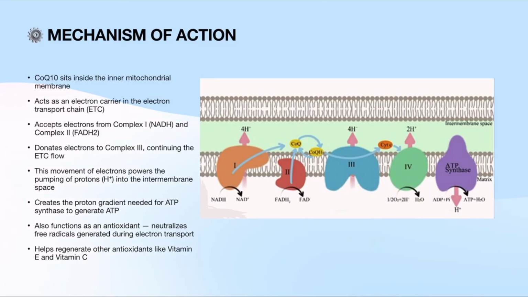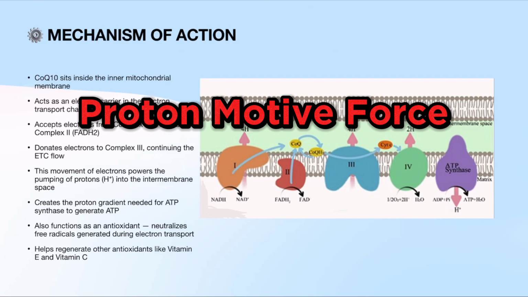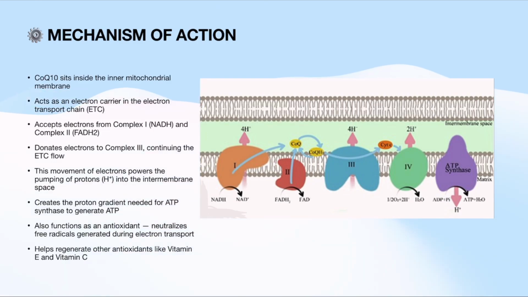This proton gradient is called proton motive force. The proton motive force is like recharging a battery. The more proton gradient you have, the more the battery is charged. And ATP synthase uses this energy to synthesize ATP. It's that easy.